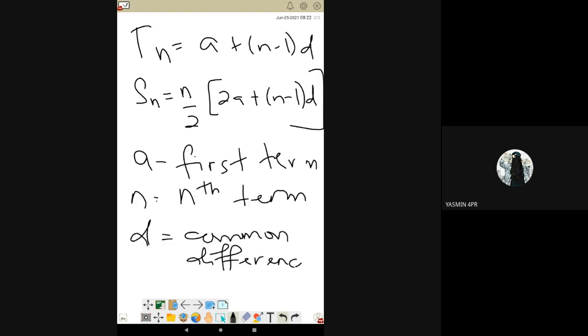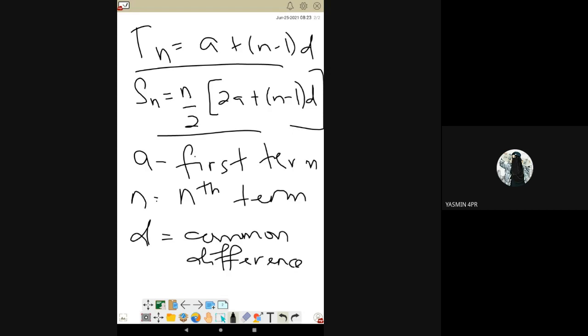So here in arithmetic progression, we will use these two. Later there will be one more. We have another formula from this sum of term, producing another new formula. So let's discuss first the nth term.